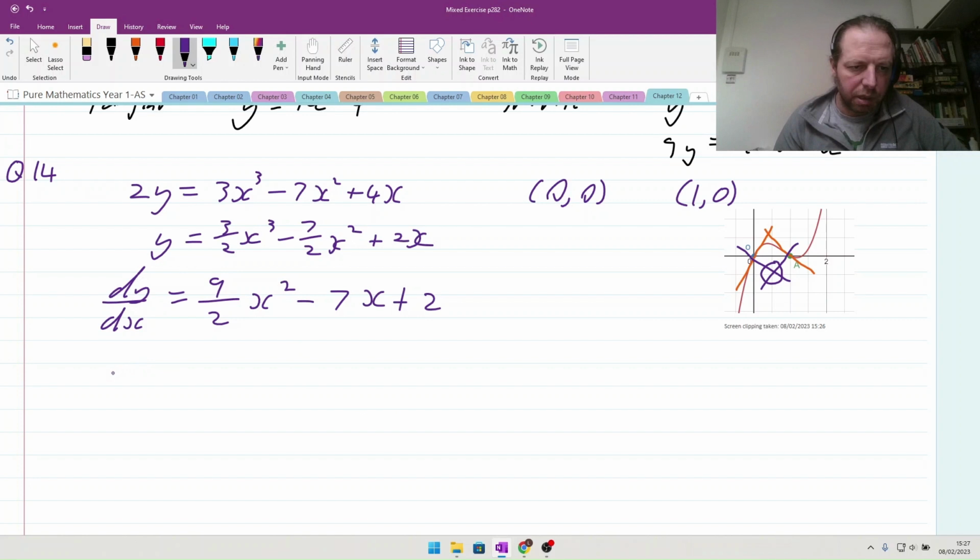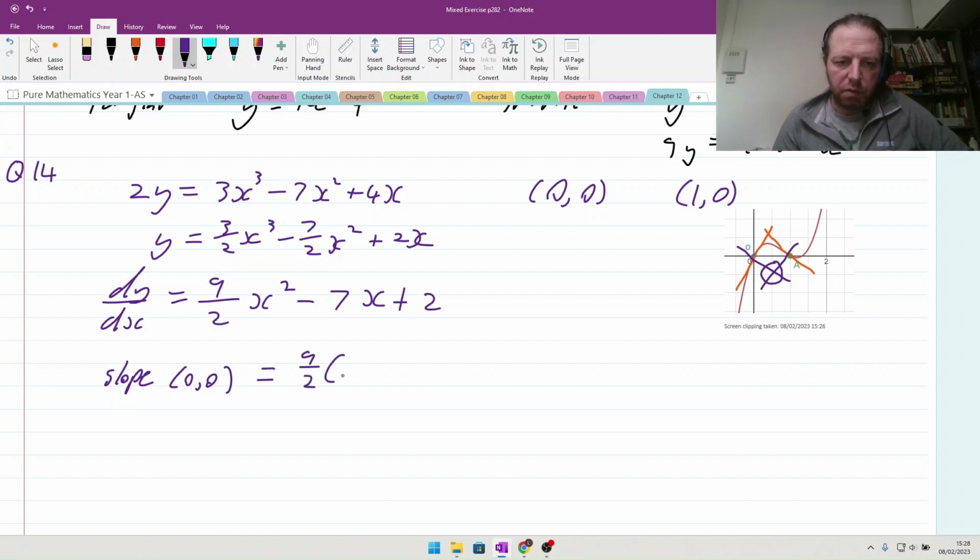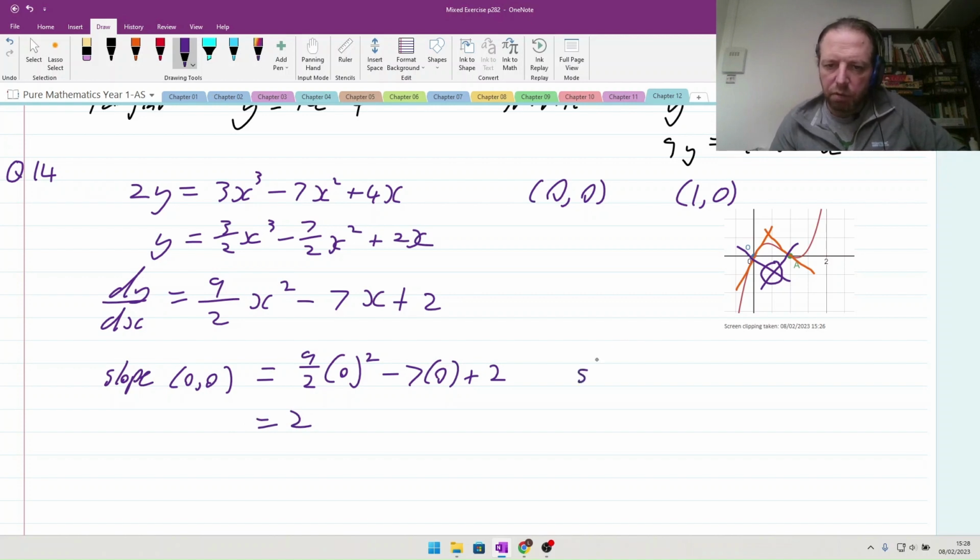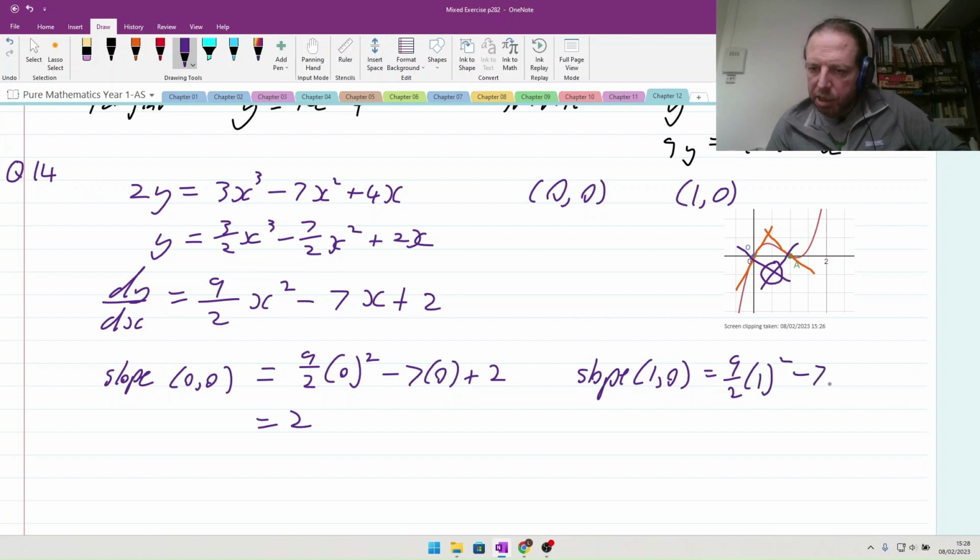Okay, now we can find the slope of the line. So the slope at (0, 0) is going to equal 9 over 2 times 0 squared minus 7 times 0 plus 2, which is 2, and we can also do the slope at (1, 0), which will equal 9 over 2 times 1 squared minus 7 times 1 plus 2.